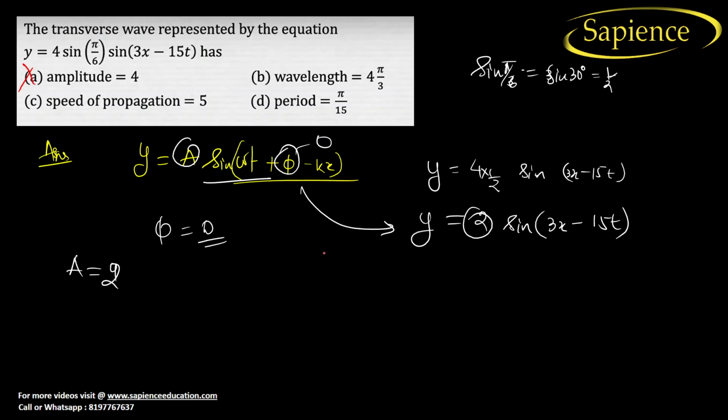Now what is the value of omega? In place of ω we can see ωt, so this is 15, and in place of k we have k equal to 3.